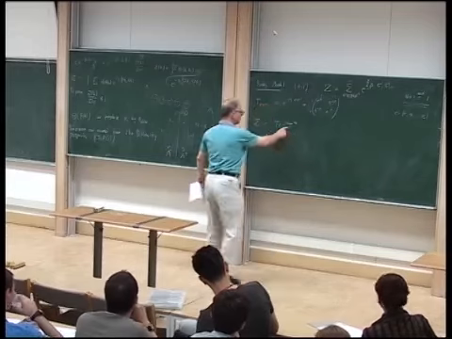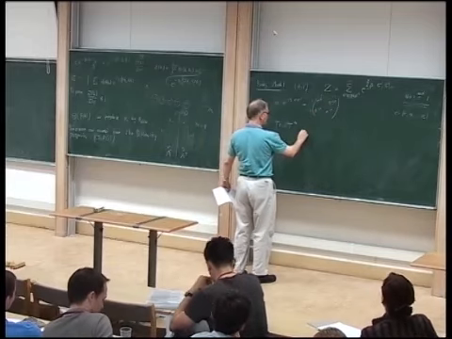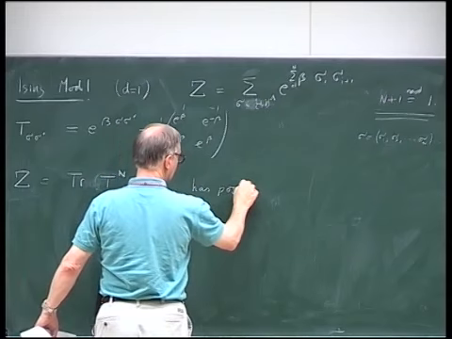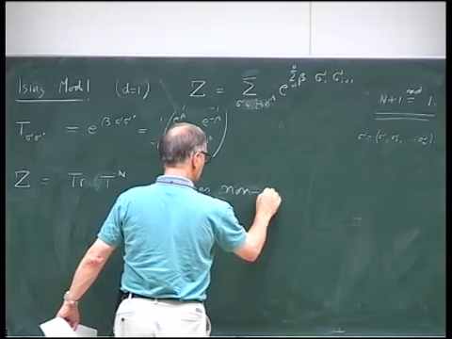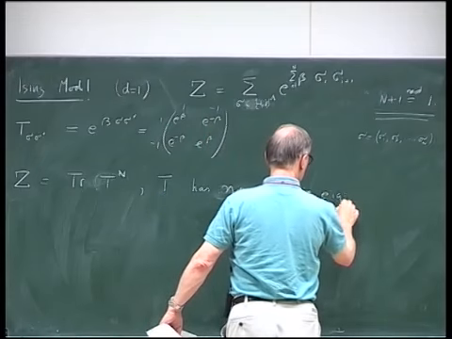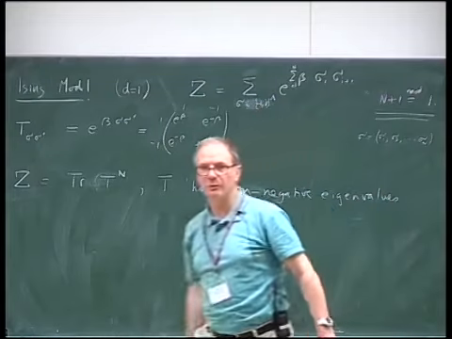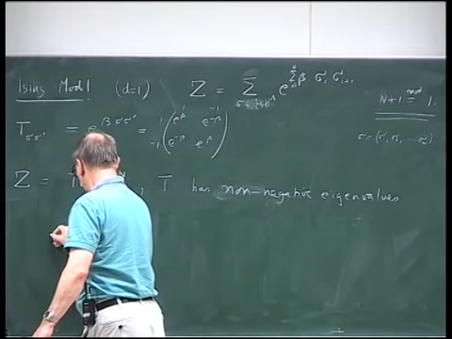Now, once you have a transfer matrix, and if the transfer matrix has positive, or at least non-negative, eigenvalues, then you will have Osterwalder-Schrader positivity because, and I'll just draw a picture to illustrate it.